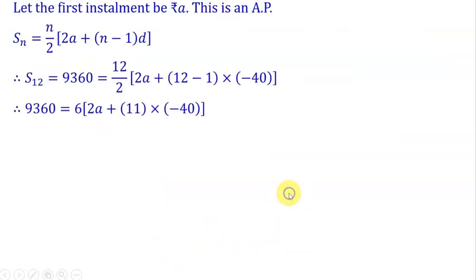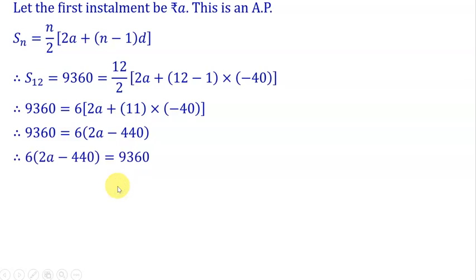Again we will take the same and solve here. Therefore 9,360 is equal to 6 in bracket 2a plus 12 minus 1, you will get 11 into minus 40. And then what will the multiplication be? That is 6 in bracket 2a 11 into minus 40 is minus 440.